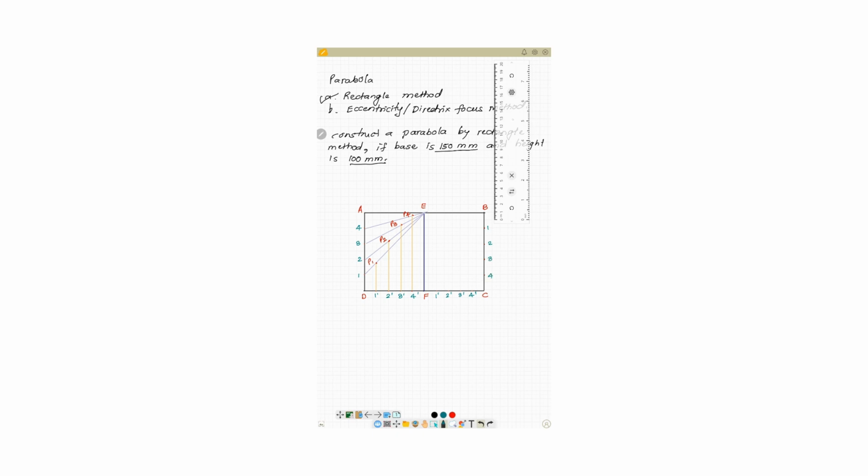Okay, now the same procedure I need to carry out. I need to connect the vertical side points 1, 2, 3 and 4 to the E point, and then draw the vertical lines passing through 1 dash, 2 dash, 3 dash and 4 dash till they intersect the respective lines, that is E1, E2, E3 and E4. So we'll first connect these points. We'll connect the E point to point number 1.